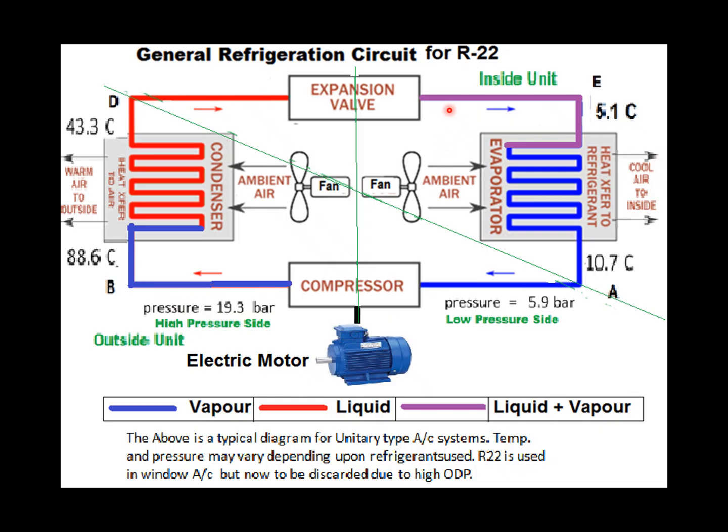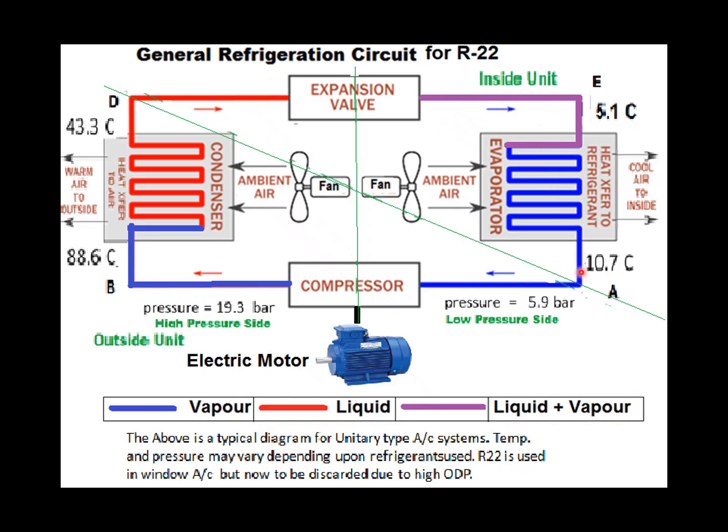The refrigerant, in partially liquid and vapor state, enters the evaporator coil at a temperature of 5.1 degrees Celsius, where after heat exchange its temperature is increased to 10.7 degrees. Now we come to this stage.